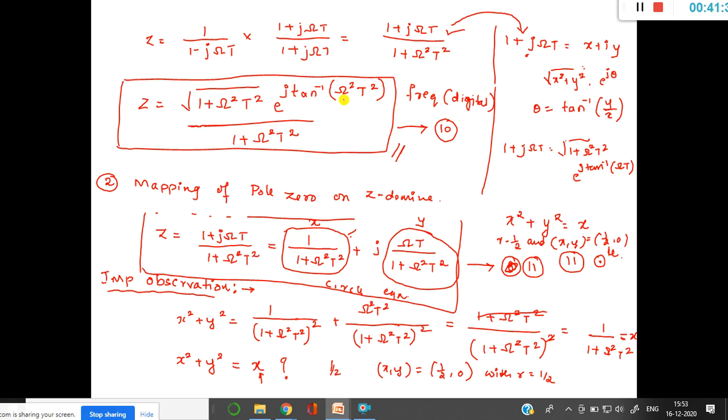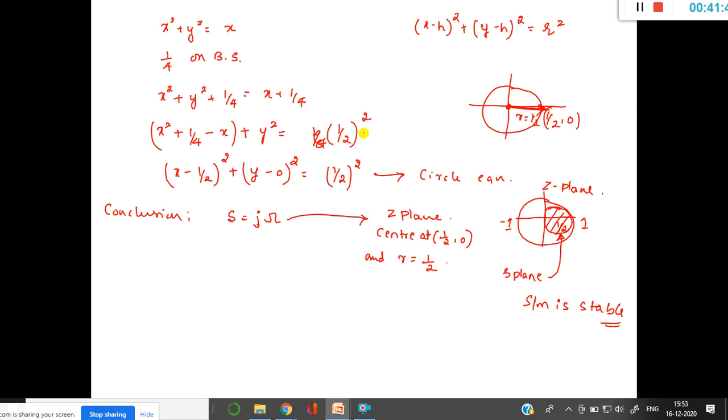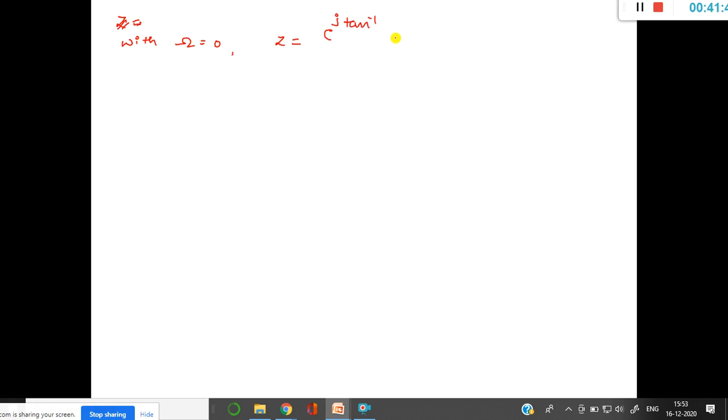So here I should apply various frequencies of s plane to see whether the value of z will lie within unit circle or not, that I should check. So that's where I'm considering this e to the power of tan inverse of omega t divided by square root of 1 plus omega square t square, right?